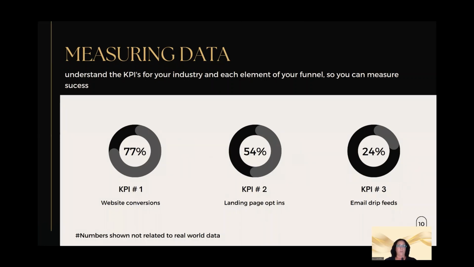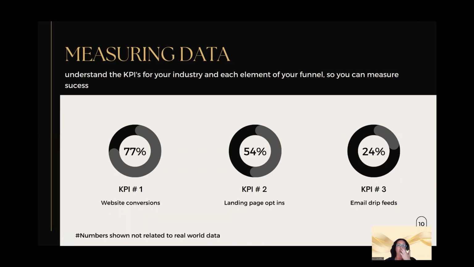So yeah, just more on data. When you are looking at KPIs, key performance indicators, that means just Google your industry if you're not sure. Don't overcomplicate this. Landing page conversion should be a minimum of 20%. You can usually find the stats for how much conversion there is on Facebook ads if you're not sure, if you're not using a professional to run them.